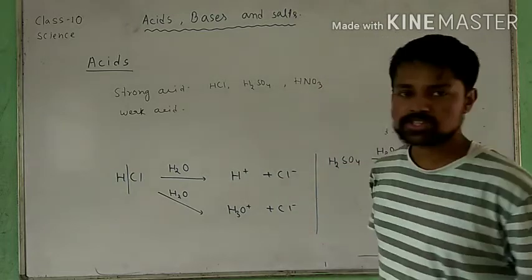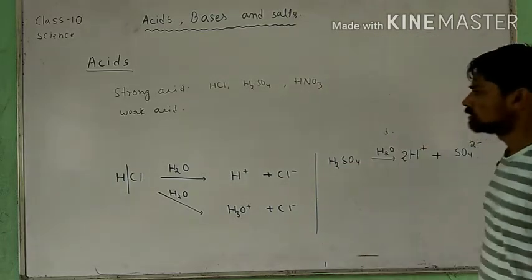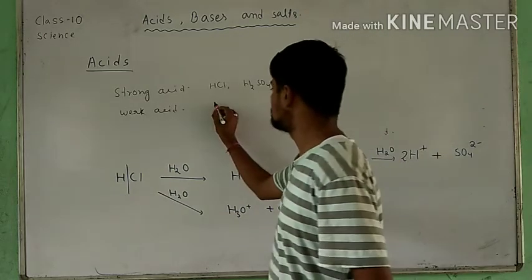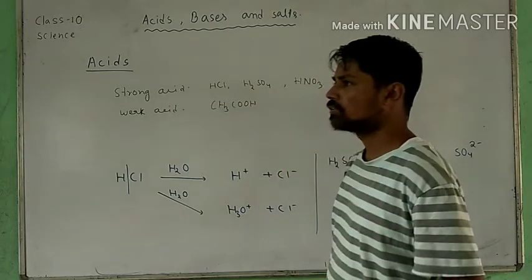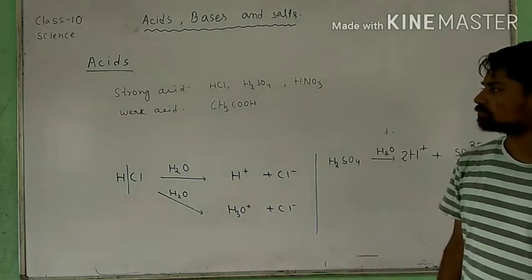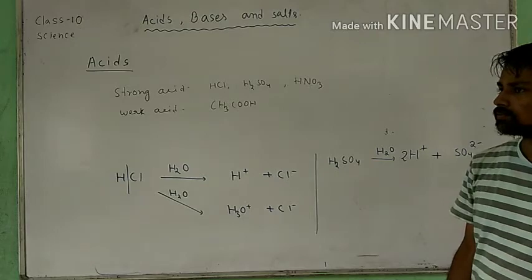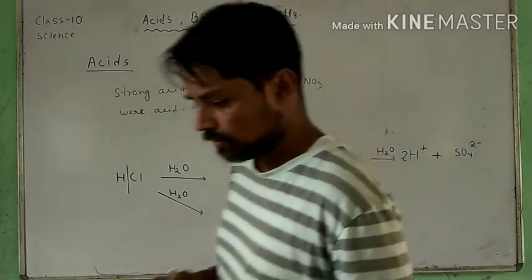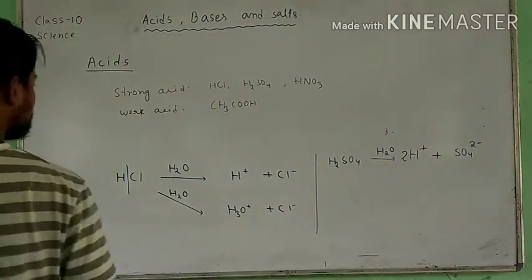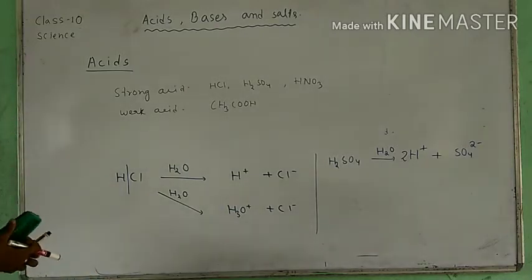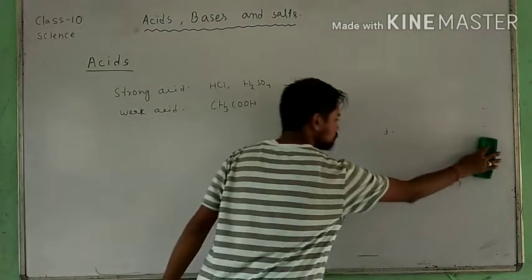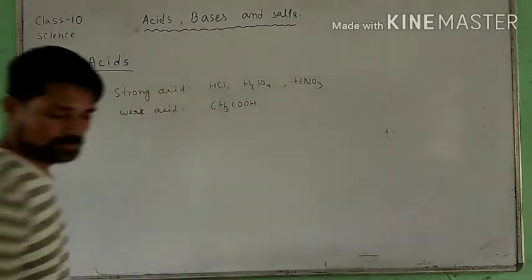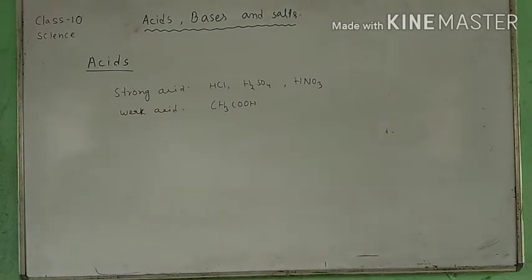The example of weak acid is acetic acid, CH3COOH. So acid can be divided as strong and weak, two types.